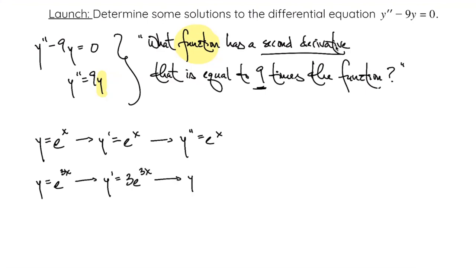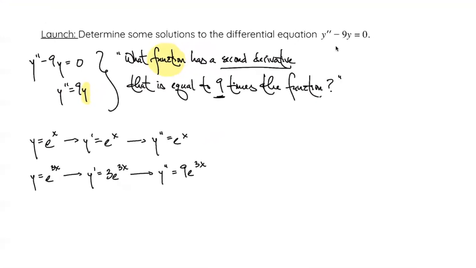I take the second derivative, I better use that chain rule again. Exactly. So I bet that one of the solutions for this differential equation is e to the 3x, because it makes this differential equation true.